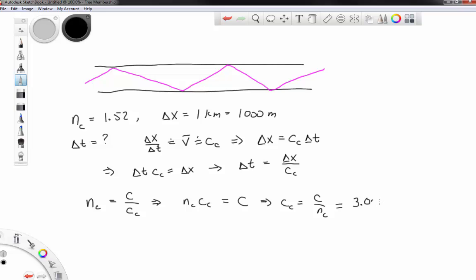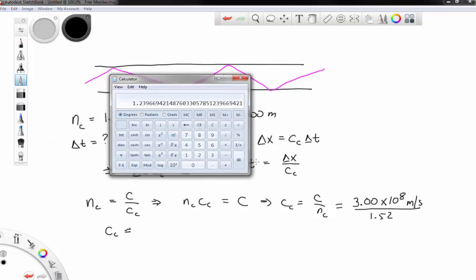So 3.00 times 10 to the 8th meters per second divided by 1.52. So that means that the speed of light in the crown glass is going to be a little less than 2 times 10 to the 8th.